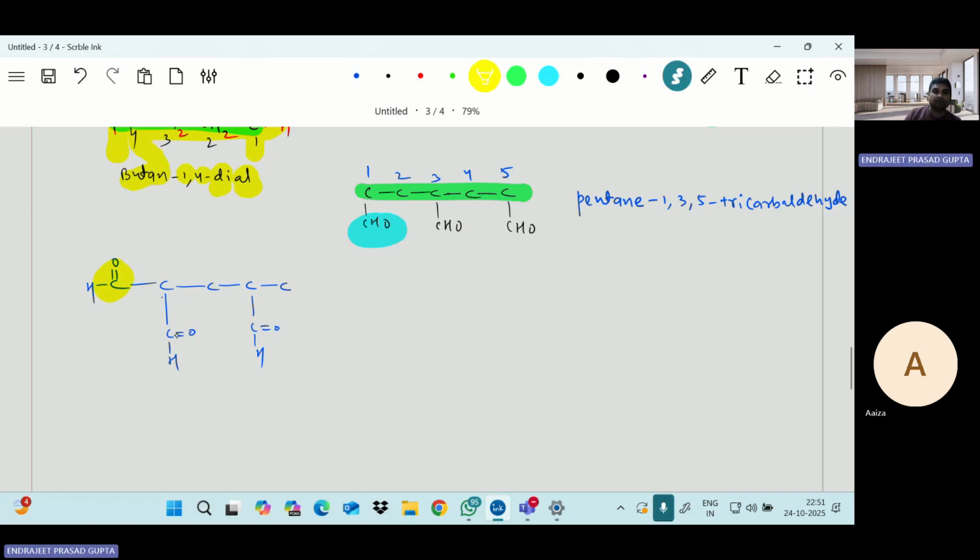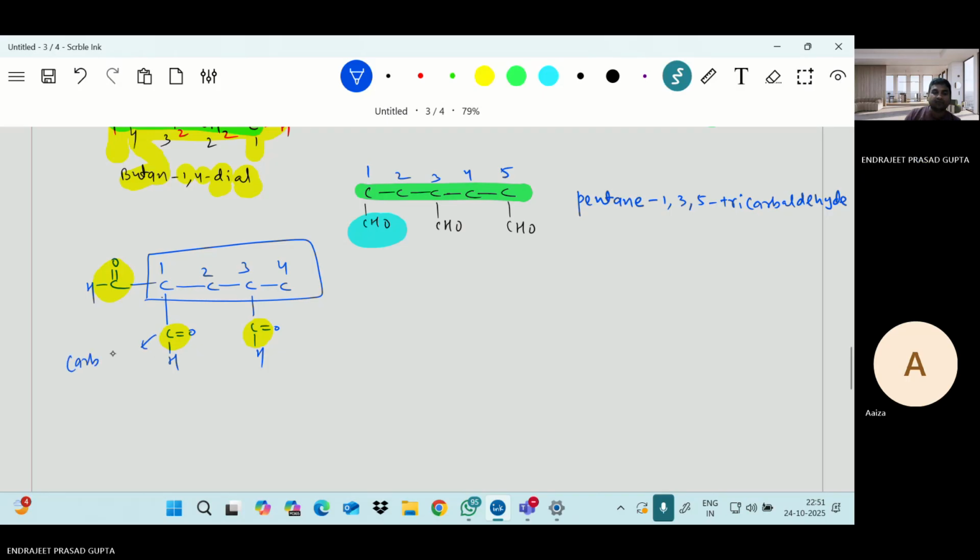Just leave out, leave out, leave out. So select the main carbon chain now: carbon 1, carbon 2, carbon 3, carbon 4. This is the main carbon chain, I think. So in this case, the carbon of this aldehyde is not part of the main carbon chain. So you will use carbaldehyde for this one.